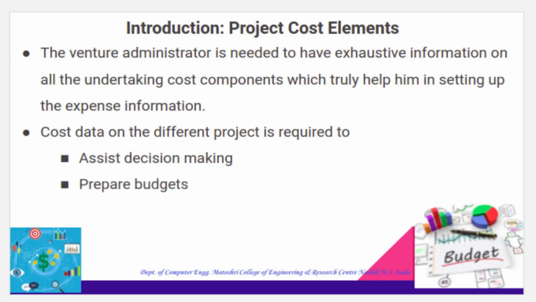Then prepare budget. Budgeting involves the coordination of financial and non-financial planning to satisfy organizational goals and objectives. No foolproof method exists for preparing an effective budget. However, budget makers should carefully consider all the conditions of the proposed project.